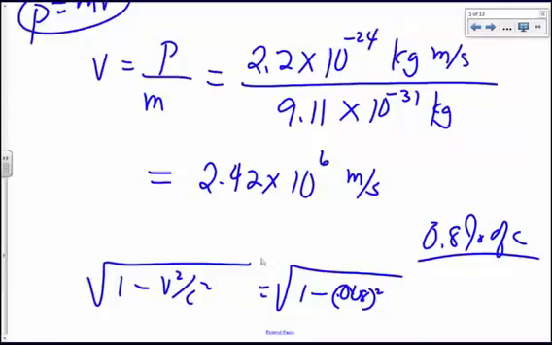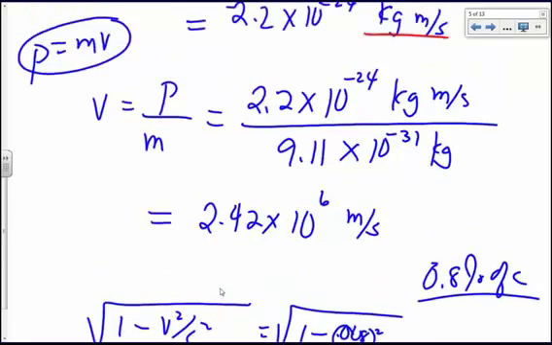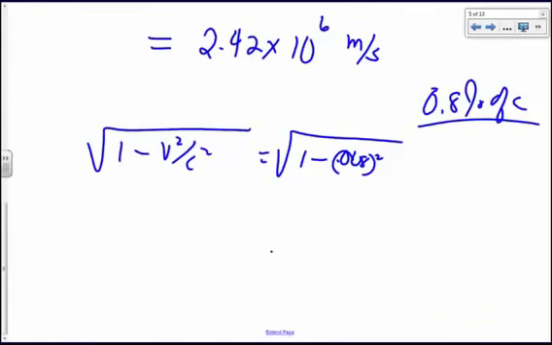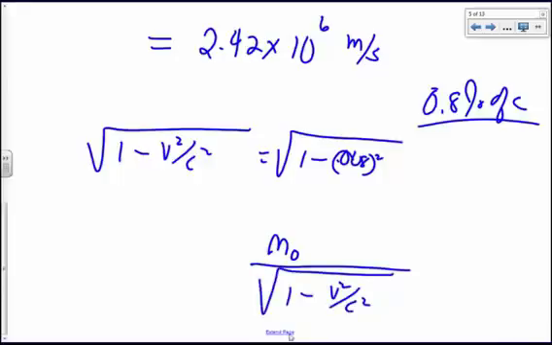But if you are close to the speed of light, you may have to do this correction factor. Okay, so instead of m, what would you have to do? You're going to have to do m naught, which is the rest mass, which is 9.11 times 10 to the negative 31 over the square root of 1 minus v squared over c squared. You said the relativistic comparison, like you should divide this number that we got by the speed of light? Yes.